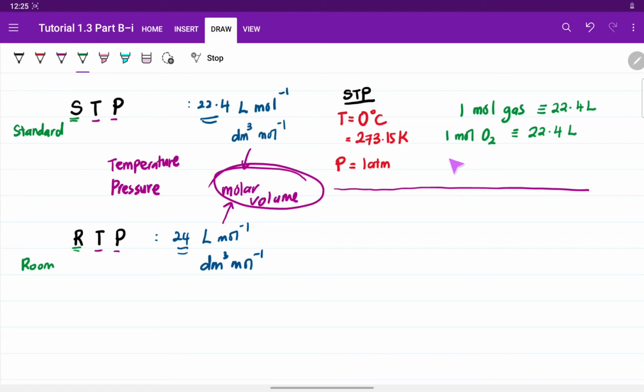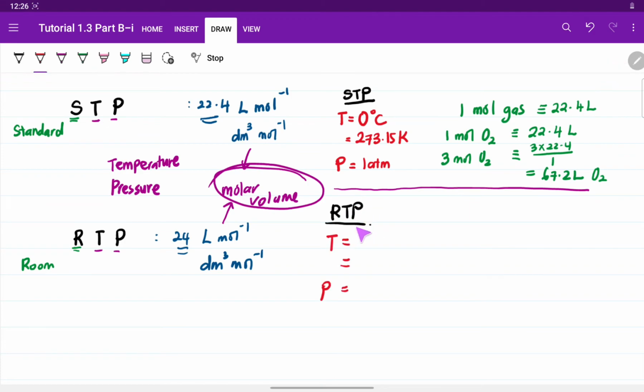Jadi kalau saya tukar, saya kata saya ada 3 mole oxygen gas, berapa liter of oxygen gas yang saya ada? So, awak buatlah calculation. 3 darab 22.4 bahagi 1. So, 3 mole of oxygen will have 67.2 liter of oxygen sebenarnya. Jadi yang ini pada STP.